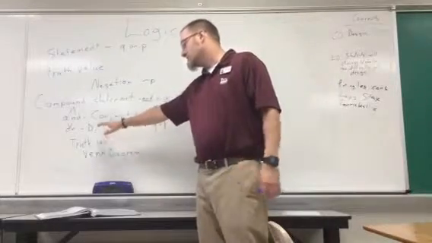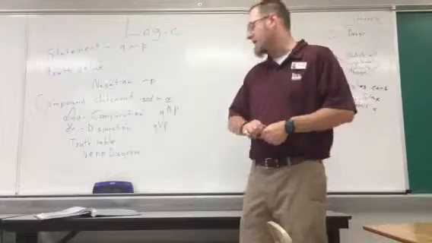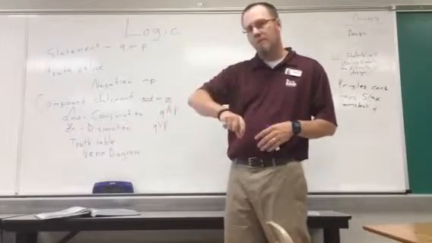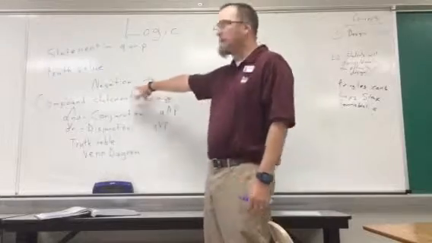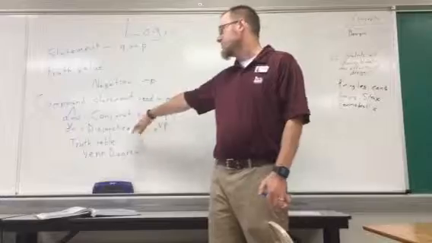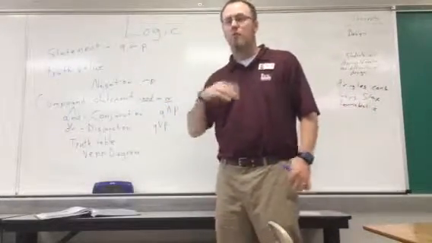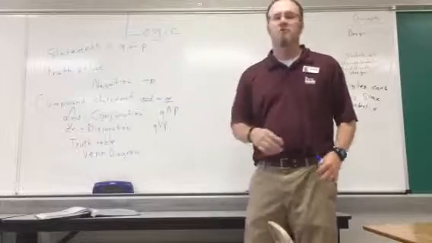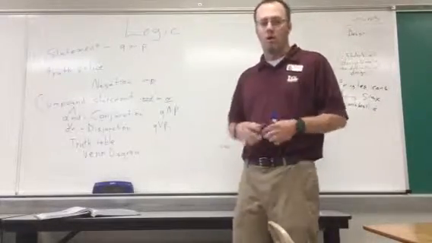We have a truth table. You'll need to look at what a truth table is in your book, but basically it gives you the statement, the other statement, the negation of the statement, and maybe a compound statement, a conjunction, or a disjunction, and you just fill out that little grid as to which ones are true, which ones are false. It gives you an opportunity to answer a whole bunch of things about it all at once.